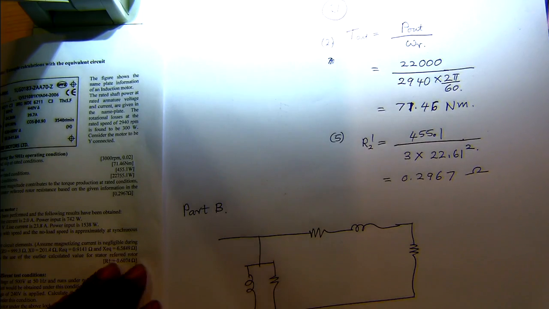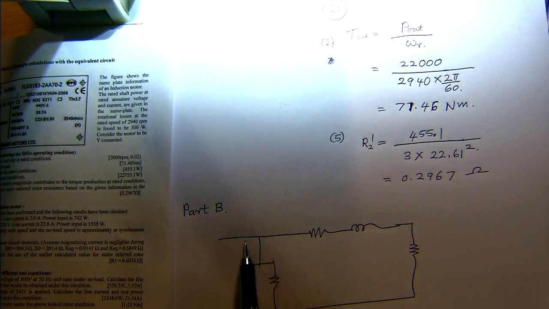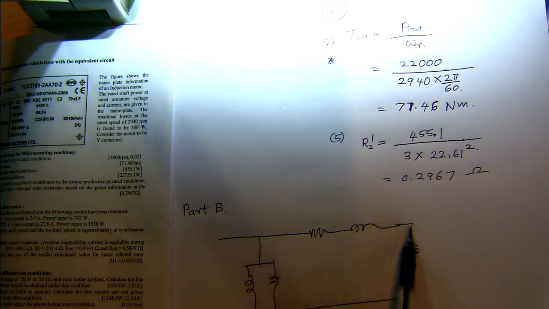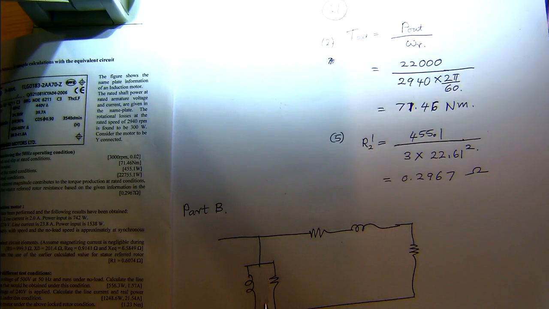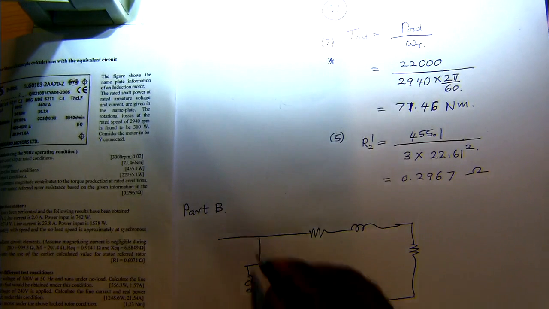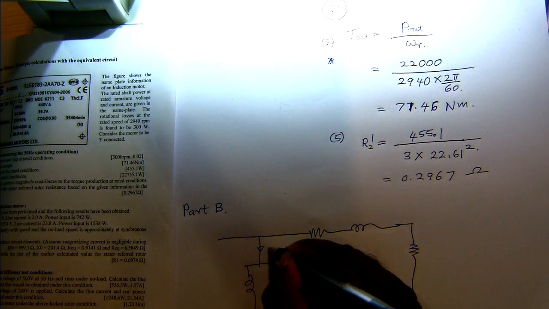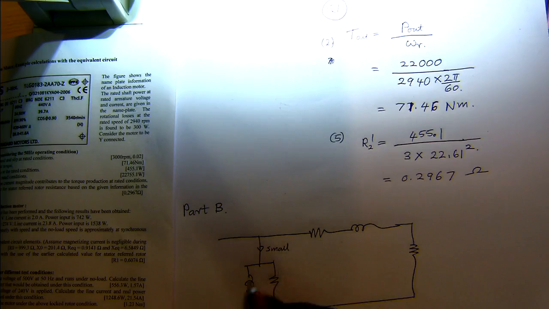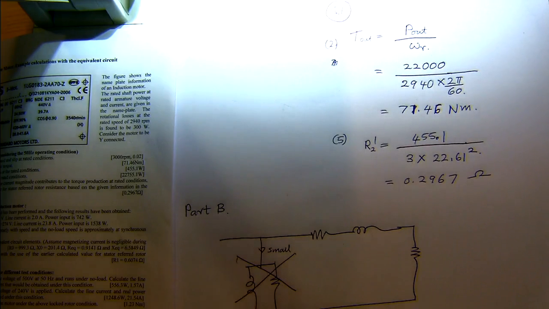So under the lock rotor condition, the main current is through this path, and this is very small compared with the actual condition. So this current is really small. Therefore, we neglect this branch for this lock rotor condition.